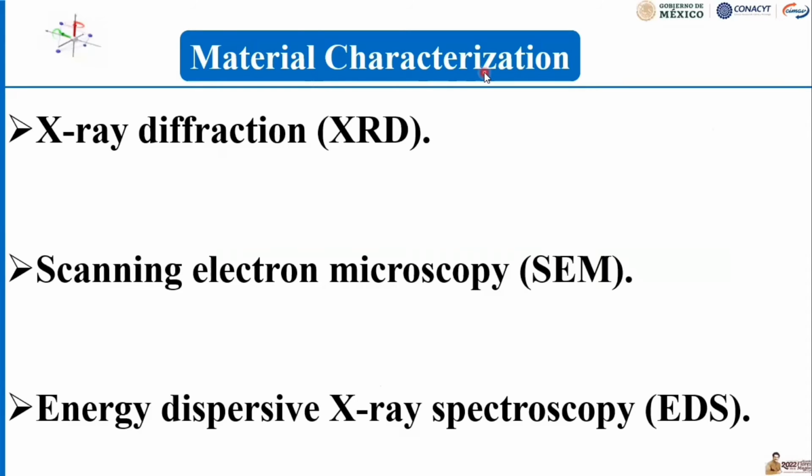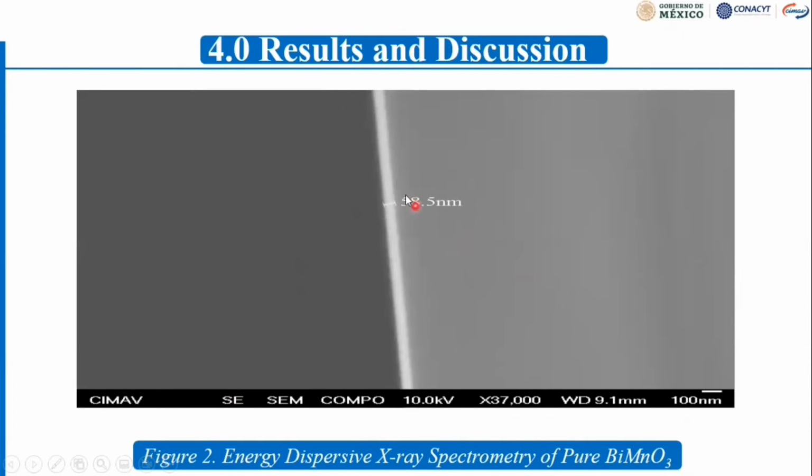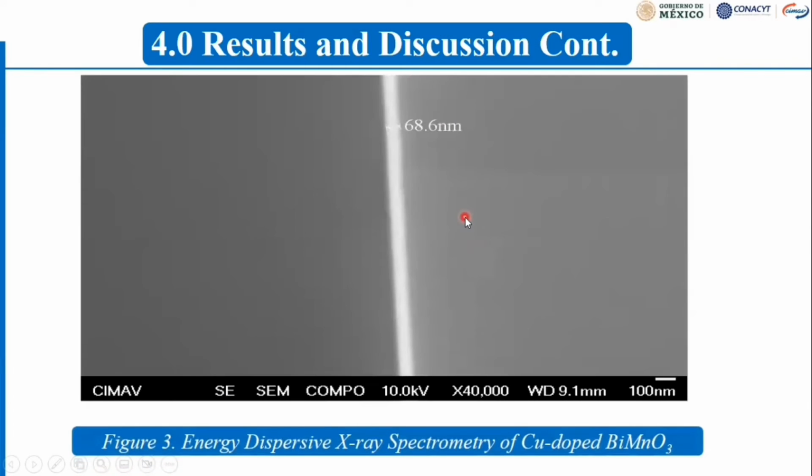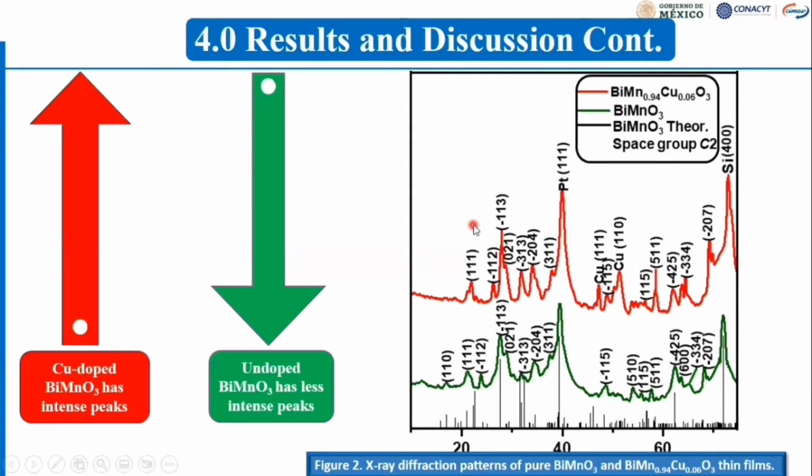Material characterization: we have the X-ray diffraction, scanning electron microscopy, and energy dispersive X-ray spectroscopy. For pure bismuth manganese oxide, we have the thickness to be 58 nanometers, and for the copper-doped bismuth manganese oxide, we have it to be 68.6 nanometers. Here is the X-ray diffraction pattern of the pure bismuth manganese oxide.